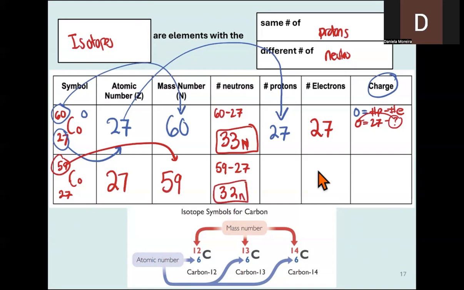The number of protons should stay the same because an isotope has the same number of protons. And since the charge is 0, we will remember that 27 protons minus 27 electrons is equal to 0 charge, and there is a 0 charge in this atom.